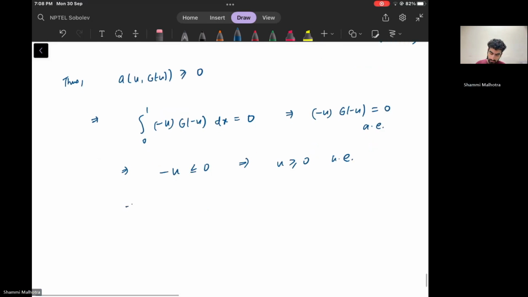But u is continuous, so this implies u has to be greater than or equal to 0 everywhere. So this gives basically that whenever my f is non-negative, my u is also non-negative.